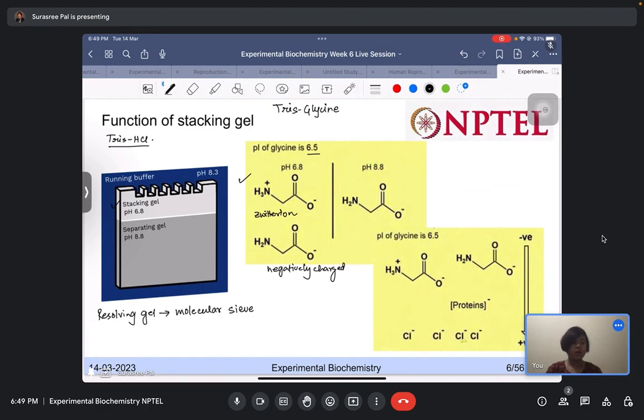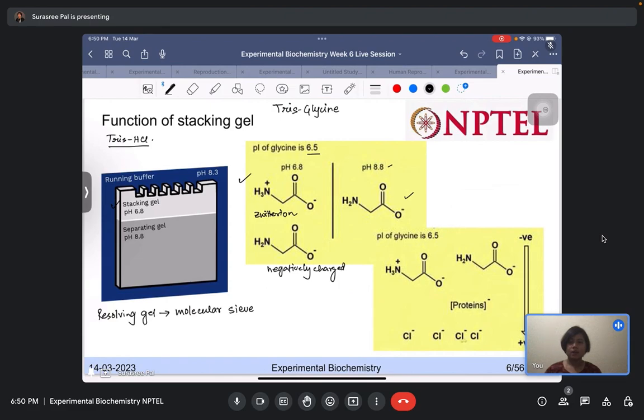So the negatively charged population of glycine will be in very small amount. So mostly glycine will remain as a zwitterion in this particular stacking gel. And at pH 8.8, which is much higher than the pI of the glycine, glycine will be totally negatively charged. Now the pI of glycine is 6.5, so I am assuming that glycine remains either in zwitterion form or slightly negatively charged.